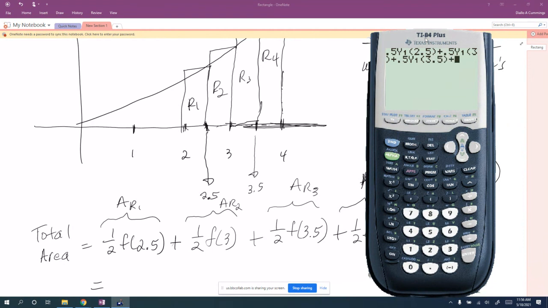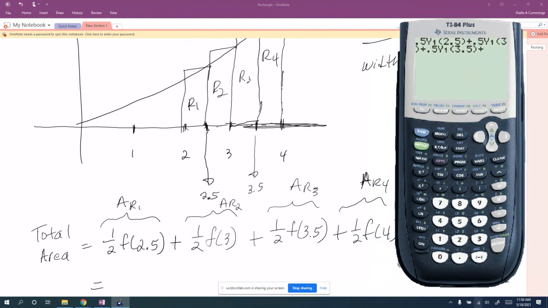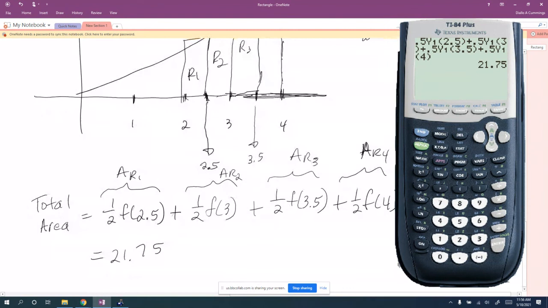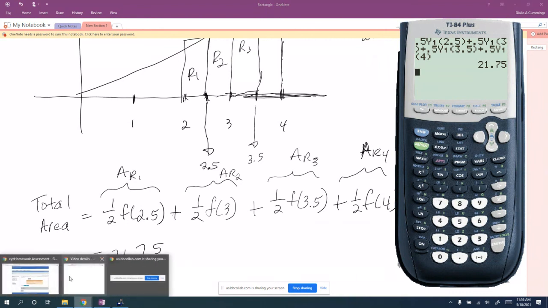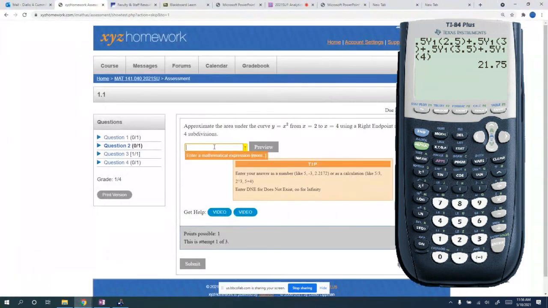Plus 1/2 times the function evaluated at 4. And we have an area of 21.75.